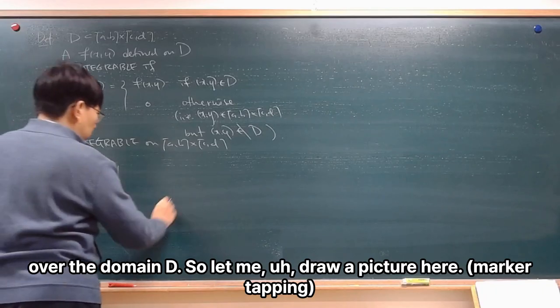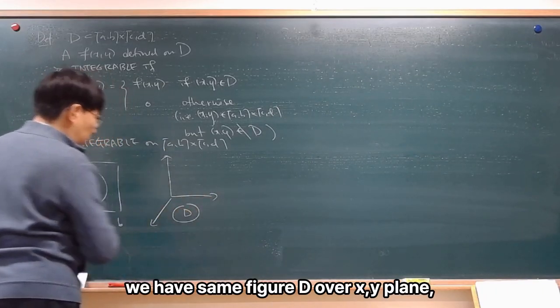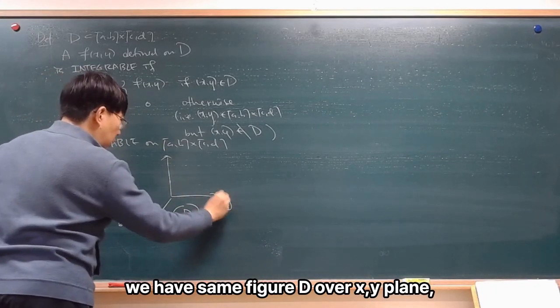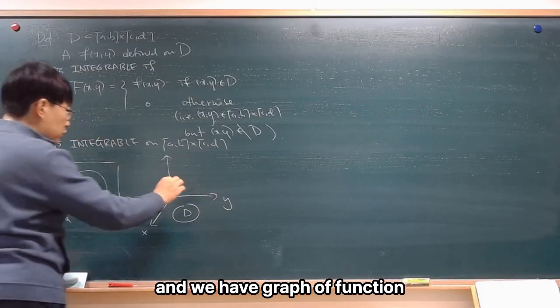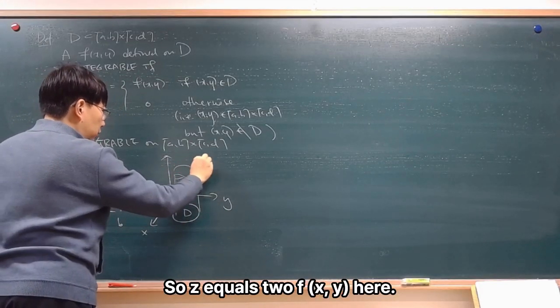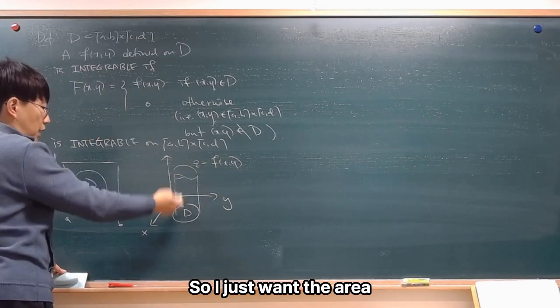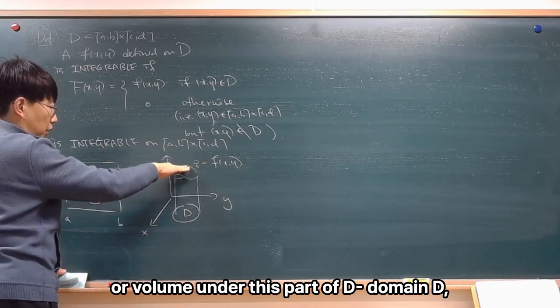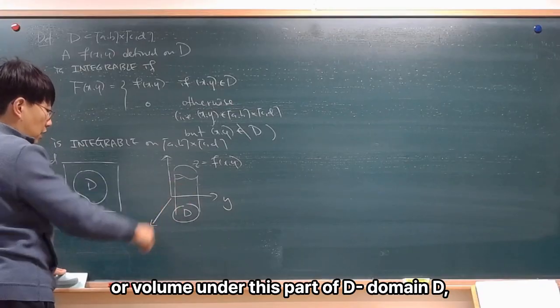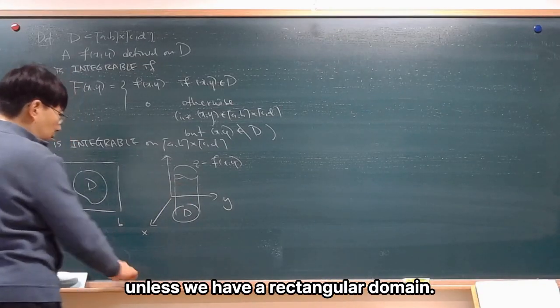So let me draw a picture here. Let's say we have the same figure D over the x y plane, and we have the graph of a function which just lies above this. So z equals f of x y here. I just want the volume under this part over the domain D, but we can't just find it right away unless we have a rectangular domain.